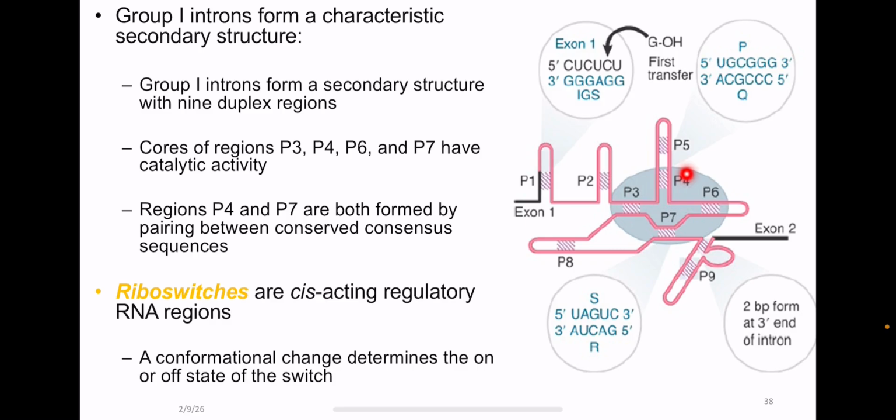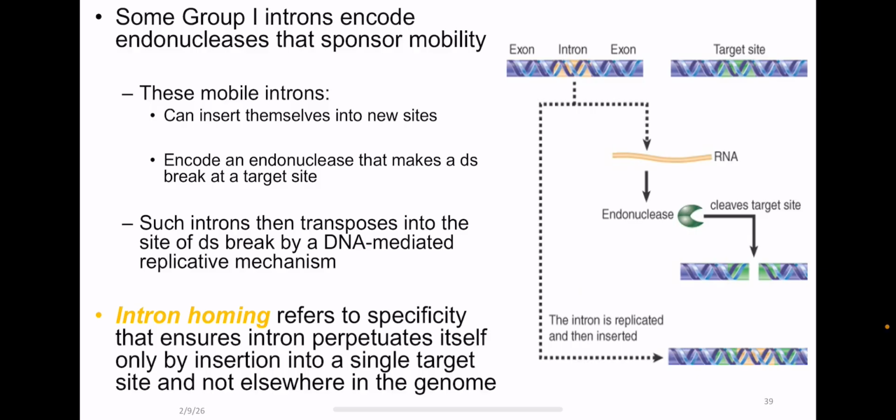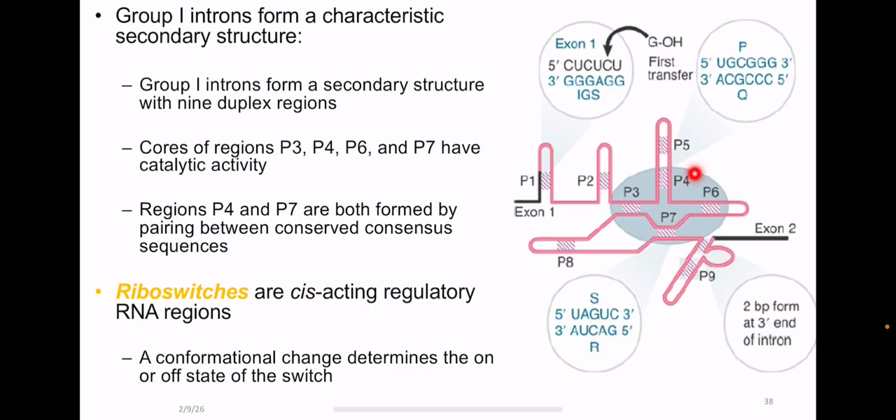In these duplex regions, P3, P4, P6, and P7 have the catalytic activity. For group 1 introns, only when the intron folds this way can self-splicing occur, because when they do not fold, the catalytic component of the intron won't be formed.